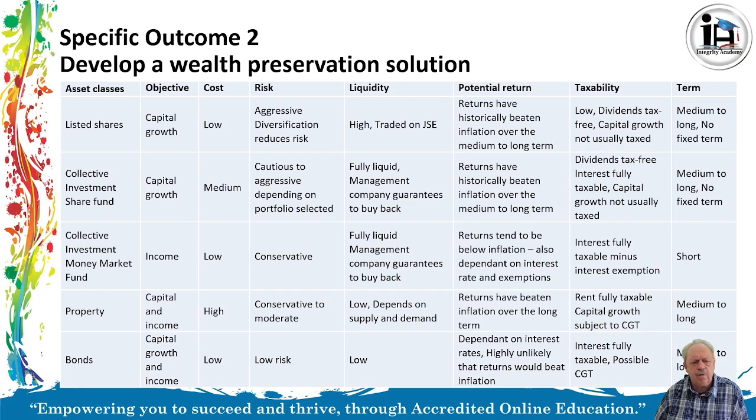Is it a medium term, long term, or short term investment? Please work through this list, so that when you make recommendations to your client, you understand the various asset classes that you are going to suggest to him. Now, these are all your more conservative type of investments. So this is typically what the client in this instance would like to look at.